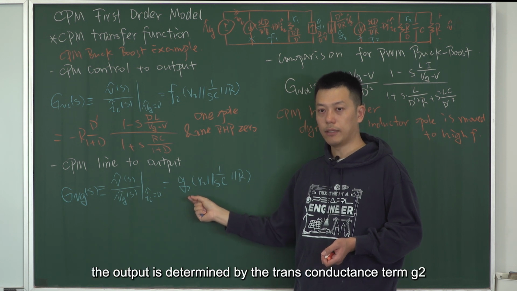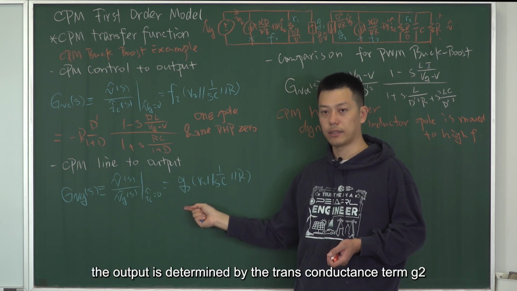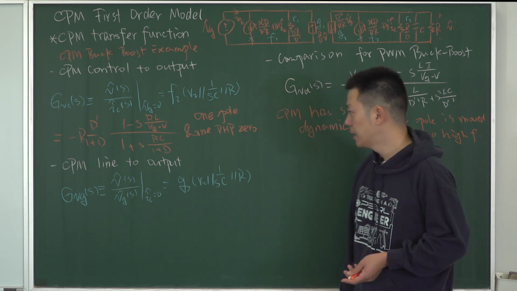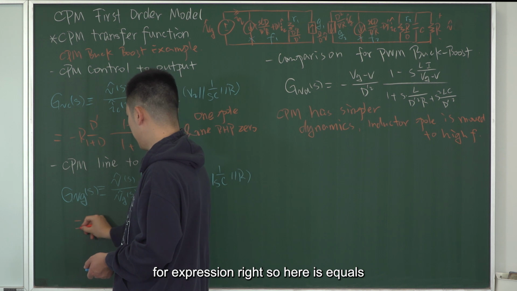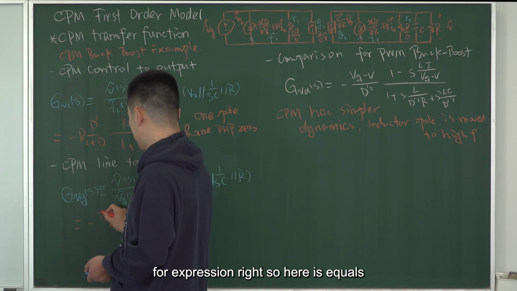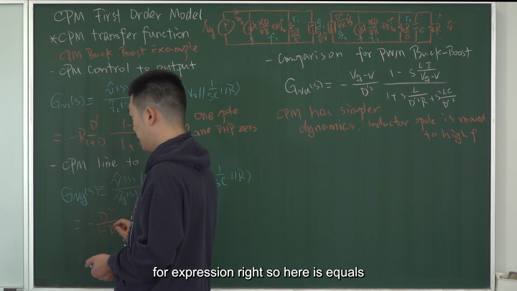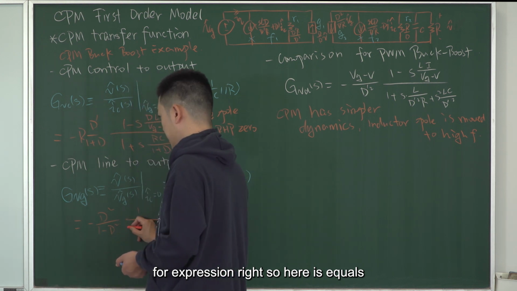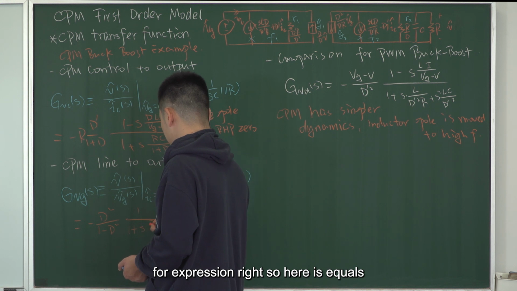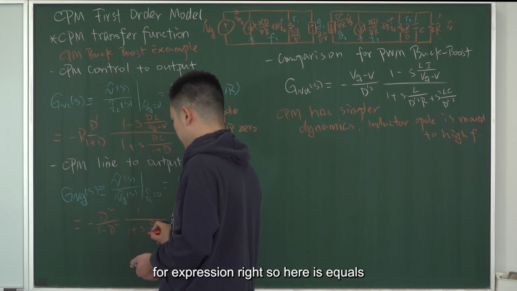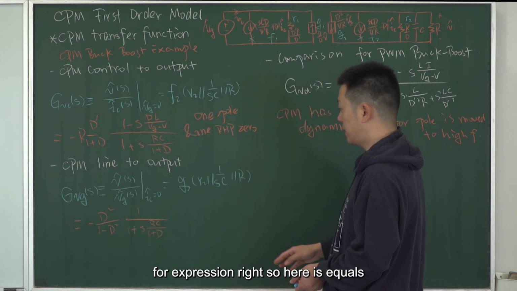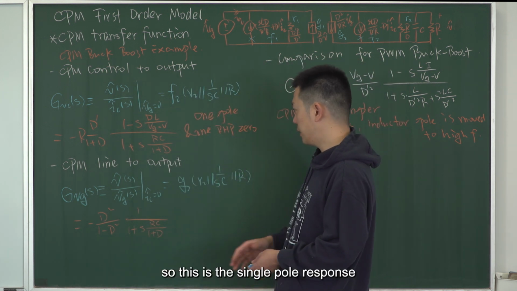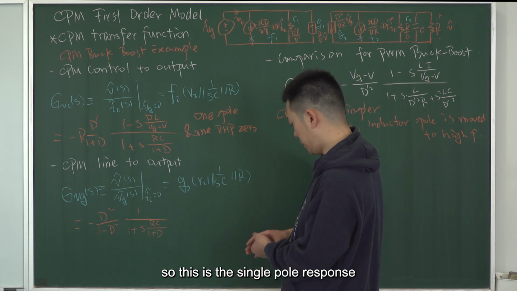Now the output is determined by the transconductance term G2. We can also derive its full expression: minus d squared over 1 plus 1 minus d squared, times 1 over 1 plus SRC divided by 1 plus d. Again, you will see that this is simpler, a single pole response.